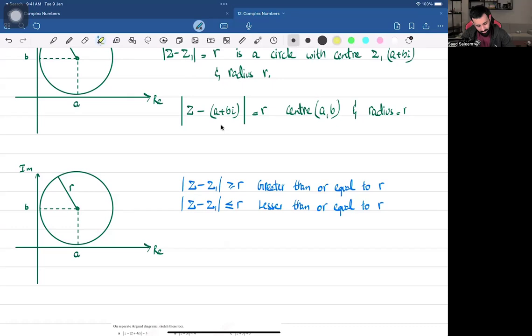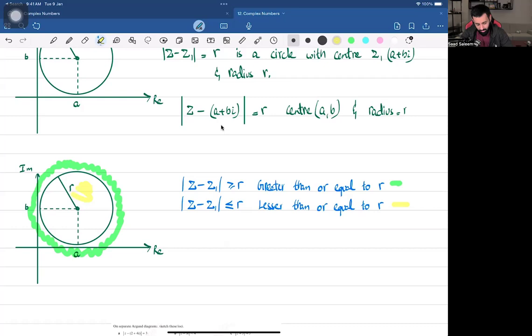On the circumference, all the points have a fixed distance r. So if I want to identify the region where the distance of z from the center is greater than r, all such points must lie outside the circle. Similarly, if it says lesser than or equal to, all the points which have a distance from z1 of less than r must be somewhere inside the circle.